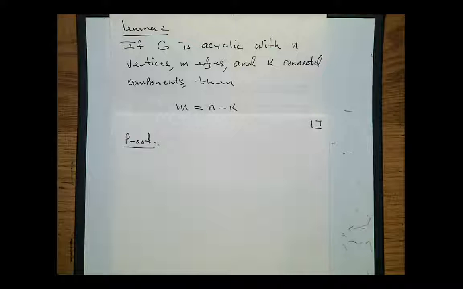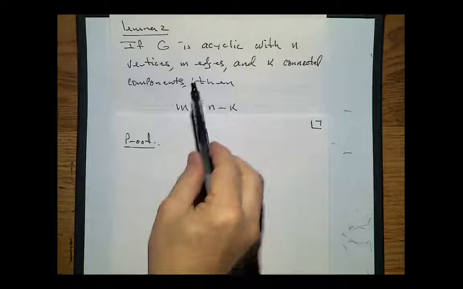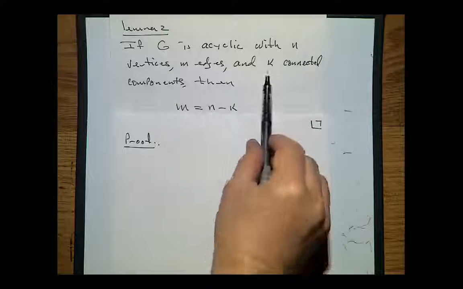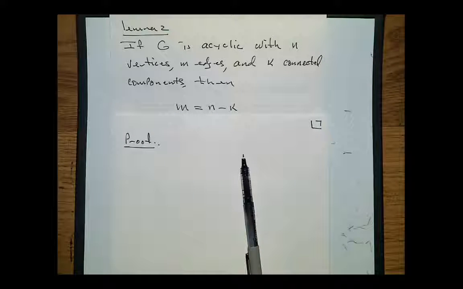Does it sound like I'm laughing at students behind their backs? I'm not. It's not behind your back. I'm right here. It's all in good fun, of course. All right. So what do we do? Well, first of all, G is acyclic and it has k connected components. Each of its connected components is connected, and of course acyclic. By throwing out edges and vertices, you can't create a cycle. So each of its connected components is both connected and acyclic, and therefore a tree.